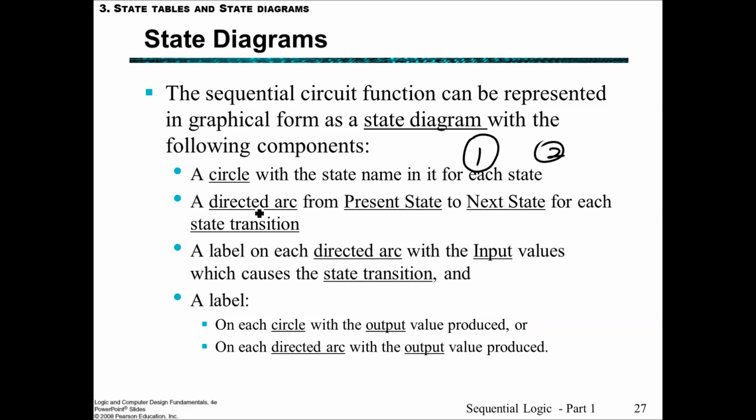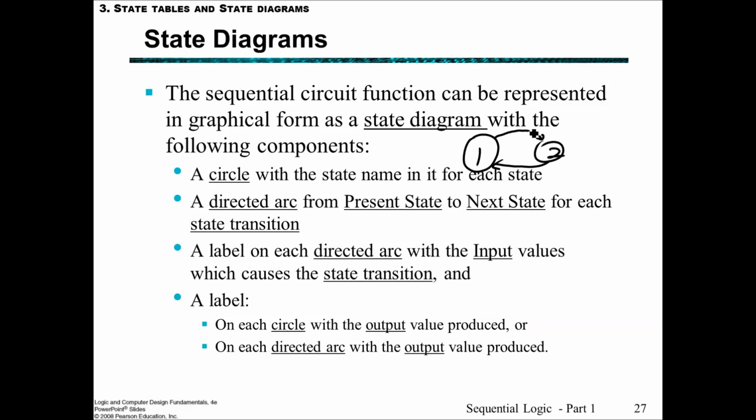And then we have a directed arc. Directed meaning that there's an arrow attached to it only on one end, and that says that we can go between 1 and 2, which is from a present state to a next state for each of the possible state transitions, and maybe the next state transition is to go from state 2 back to state 1. Each of the arcs also has a label on it, and on that label we always have the input values.